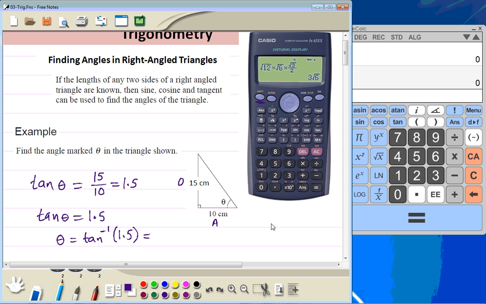Arc sine is the same as sine inverse. So when we press this key on this calculator, we mean inverse.